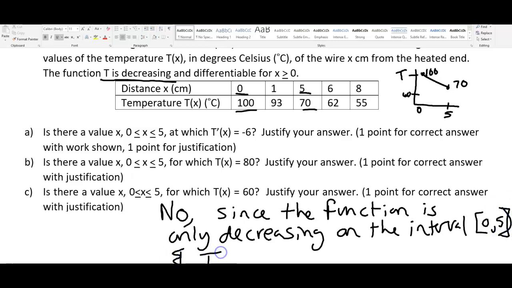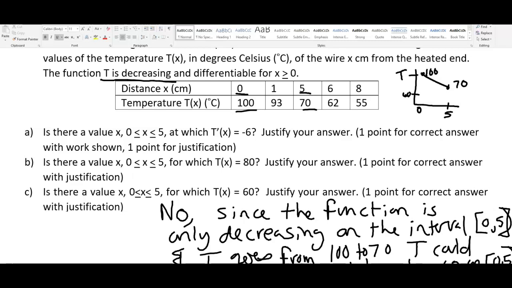And T goes from 100 to 70. T could not have been 60 on that interval. Okay, and once again, there's more than one way to word that.